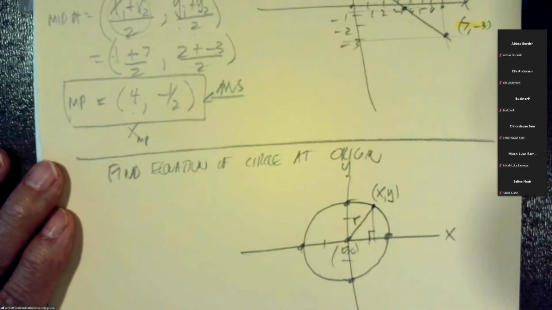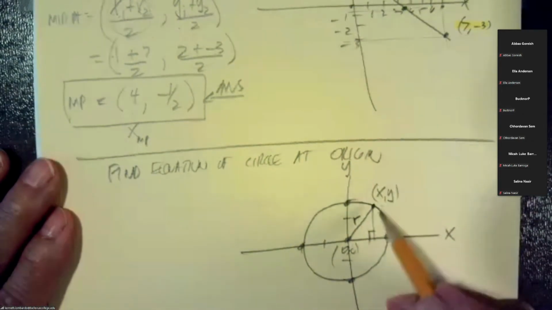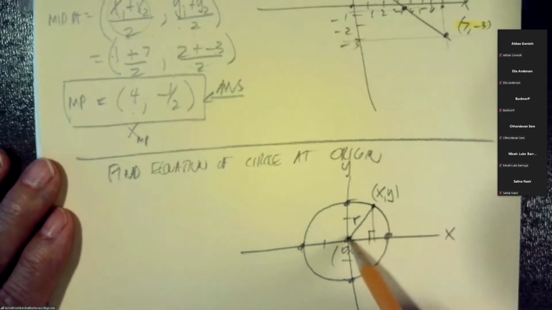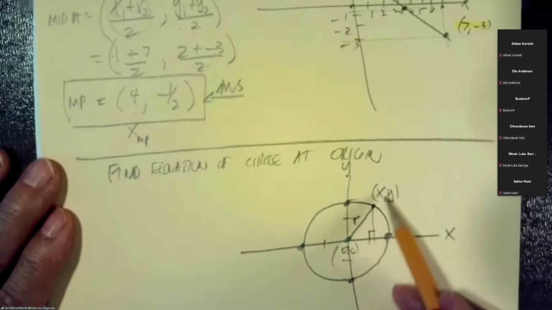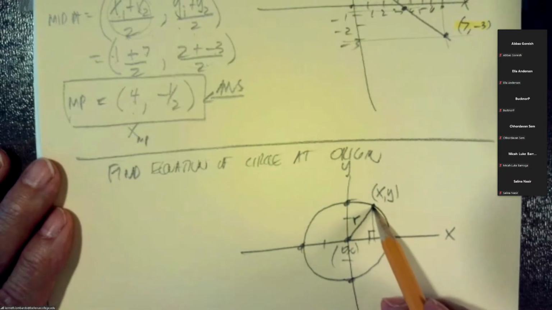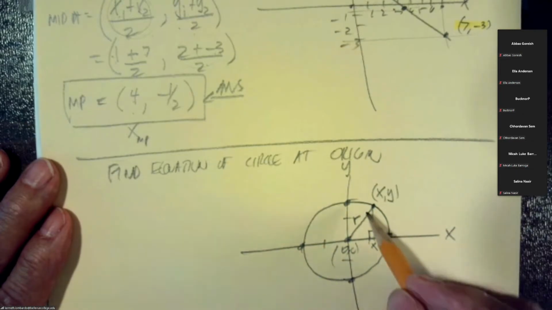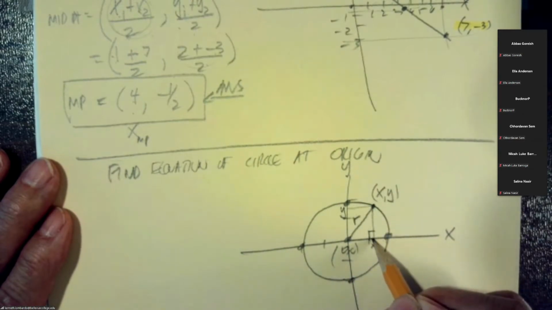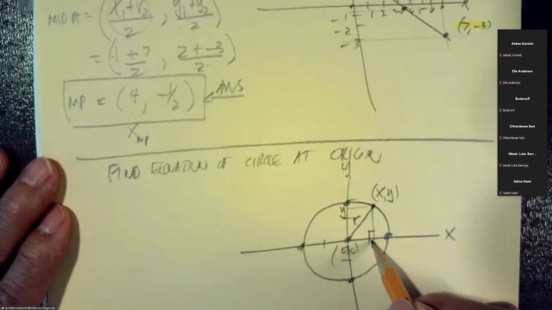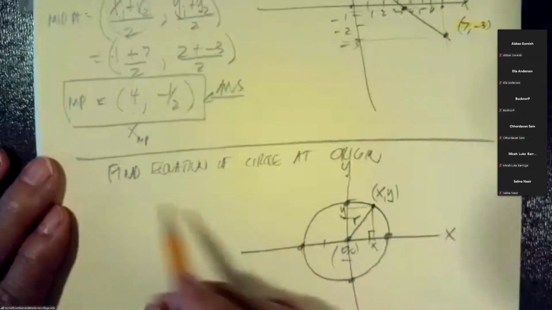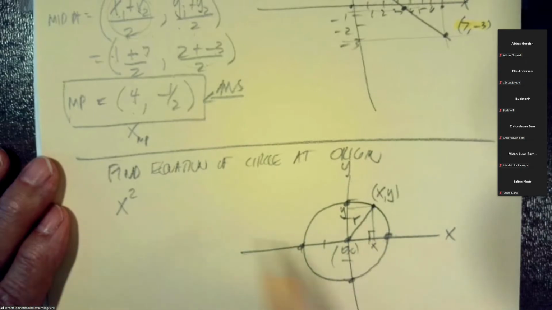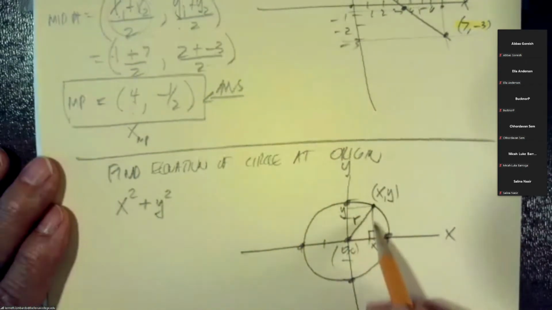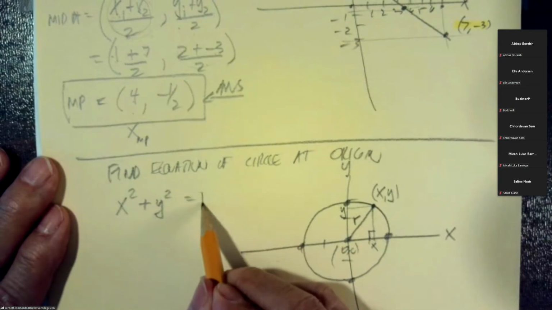And I know about right triangles and the Pythagorean theorem, that this side squared plus this side squared equals this side squared. So the distance along the horizontal is going to be X, and the distance along the vertical is going to be Y. By the Pythagorean theorem, I say X squared plus Y squared equals R squared.